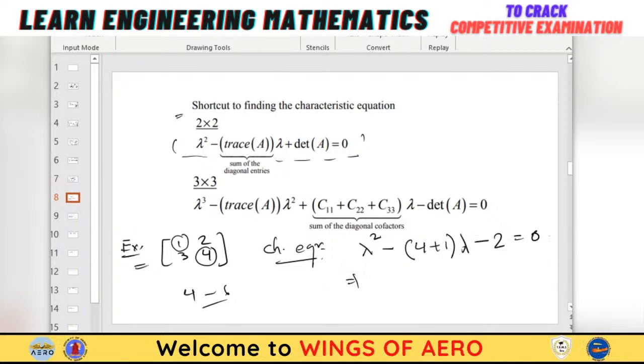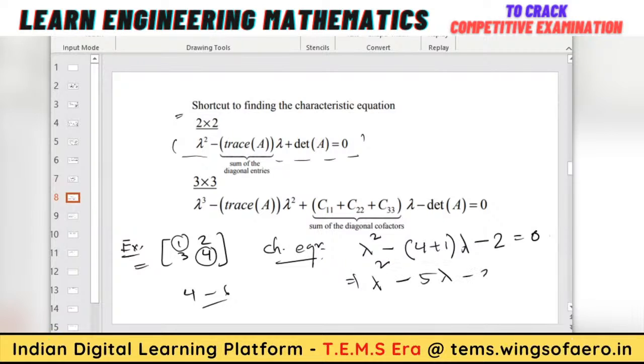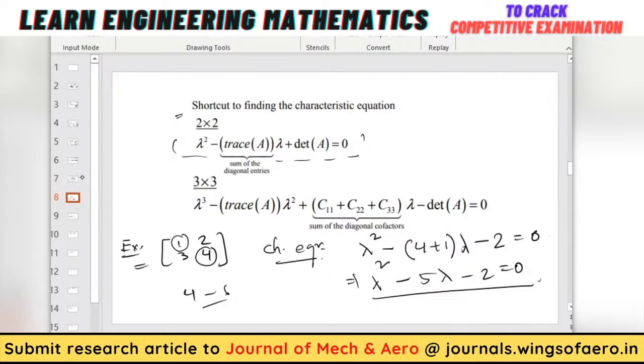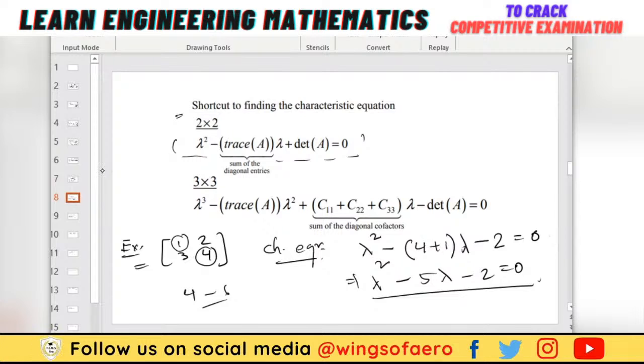This is the characteristic equation. That is lambda square minus 5 lambda minus 2 is equal to 0. This is the characteristic polynomial or characteristic equation. So you don't have to bother about any matrix multiplication, just forget about it. Just simply remember this formula.